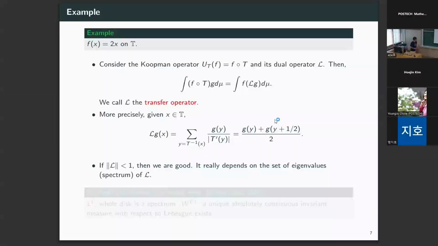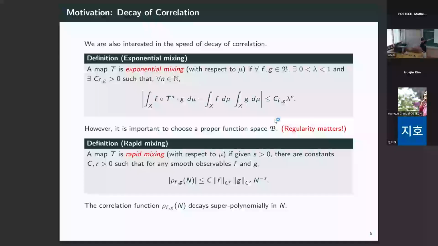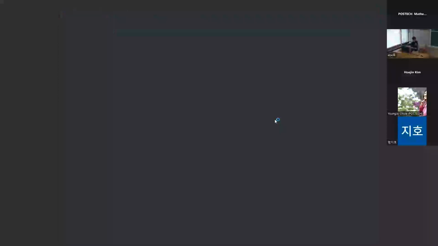Now if we can check the norm of L is less than 1, then we are good because this is a contraction. If you come back to the correlation part, just imagine your integral is equal to 0. Then you can apply the dual operator, and if the bound is less than 1, then everything is good. Then it's exponential mixing.